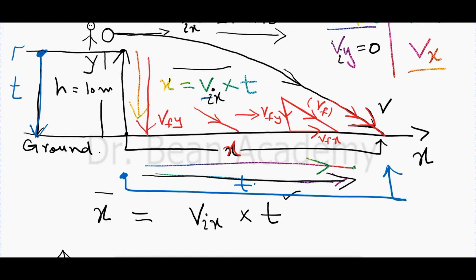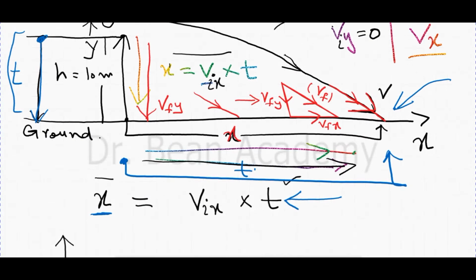So this time should be equal to the time for the body to cover a distance x. So I can use equations of motion to find the time t, and later use this time t to find the horizontal displacement x. So let's find time t.